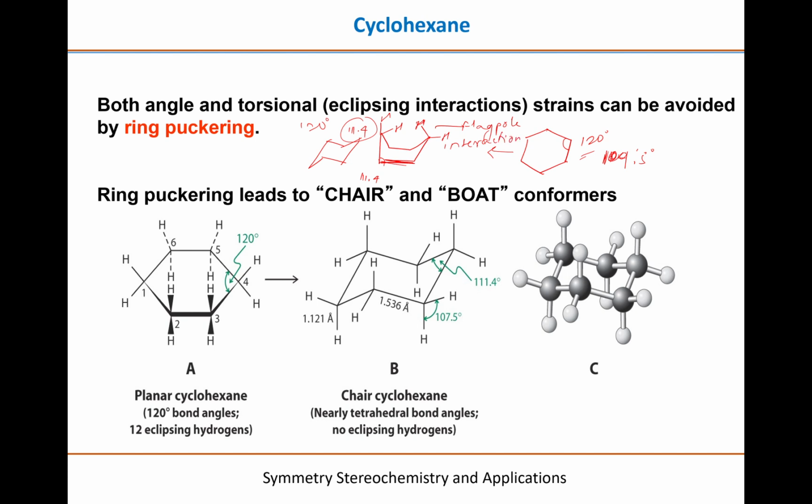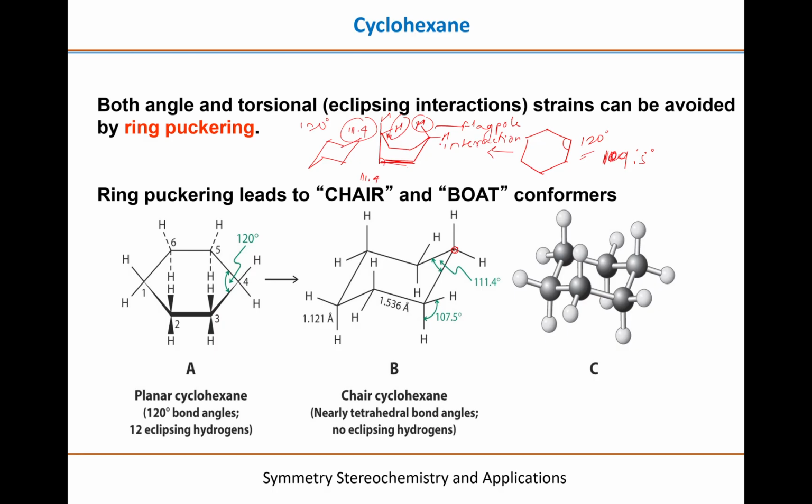So the flagpole interaction makes the boat conformation a bit less stable compared to the chair conformation, because you can see that in the chair conformation all the carbons are in nearly tetrahedral form, and they are not eclipsing each other. But in the boat conformation, these two carbons are eclipsing each other.